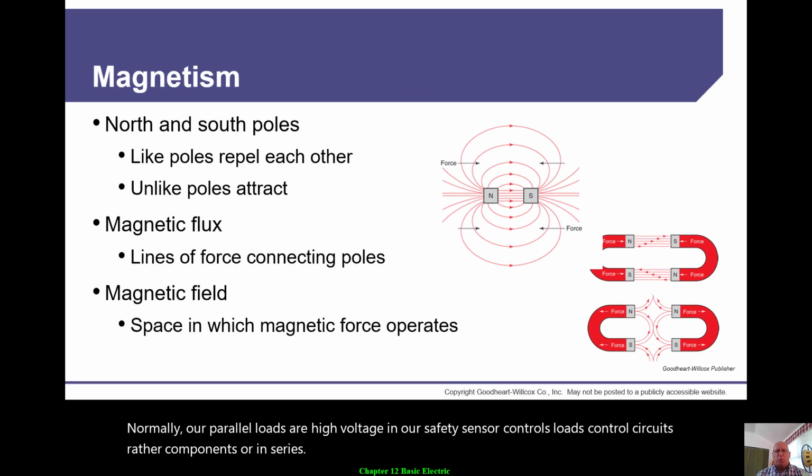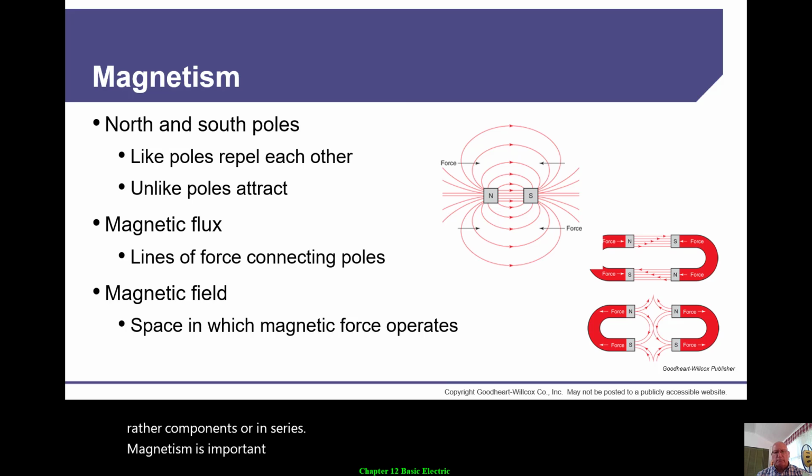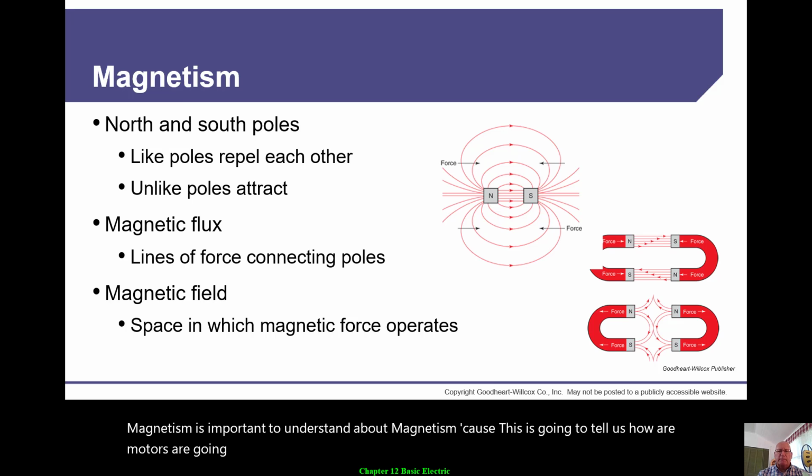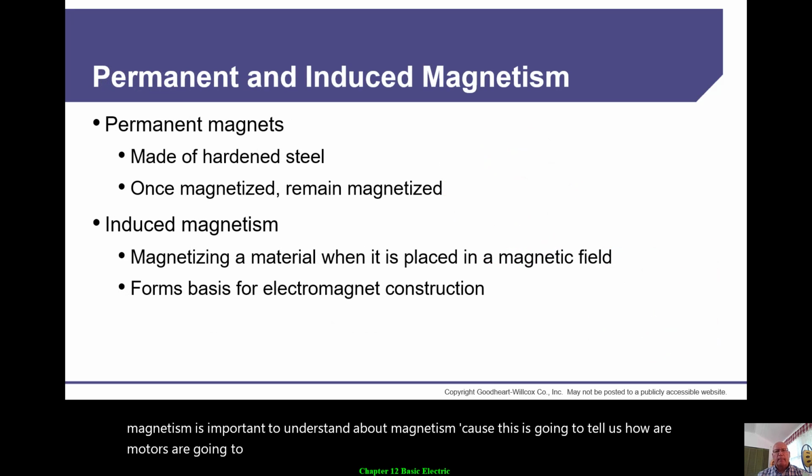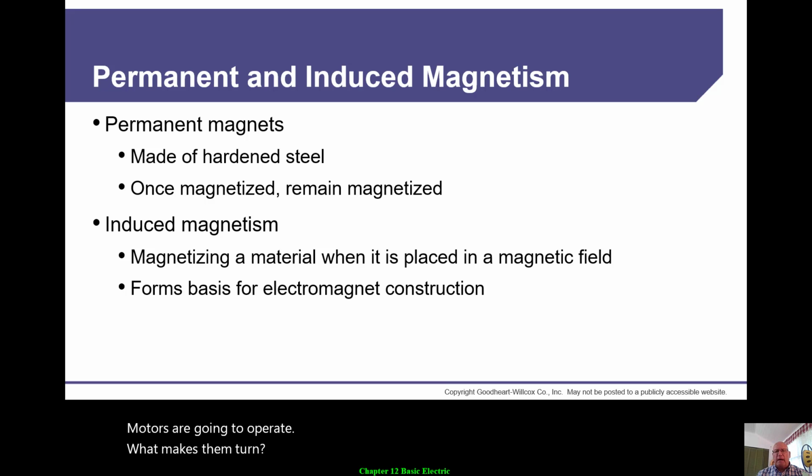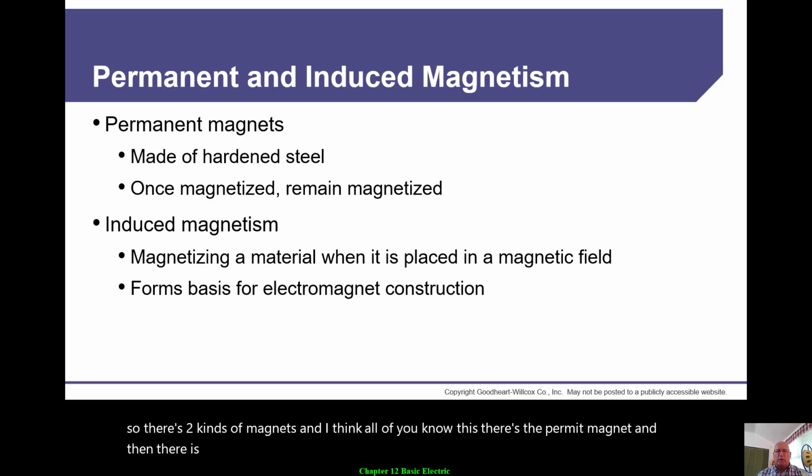Magnetism. It's important to understand about magnetism because this is going to tell us how our motors are going to operate, what makes them turn. So there's two kinds of magnets, and I think all of you know this. There's the permanent magnet, and then there is the magnets that become magnetized when electric current flows through them.